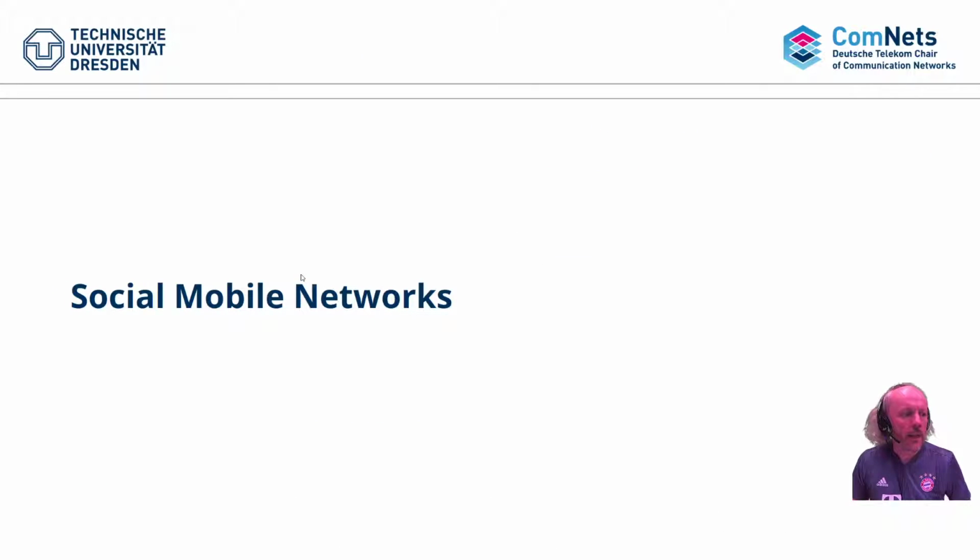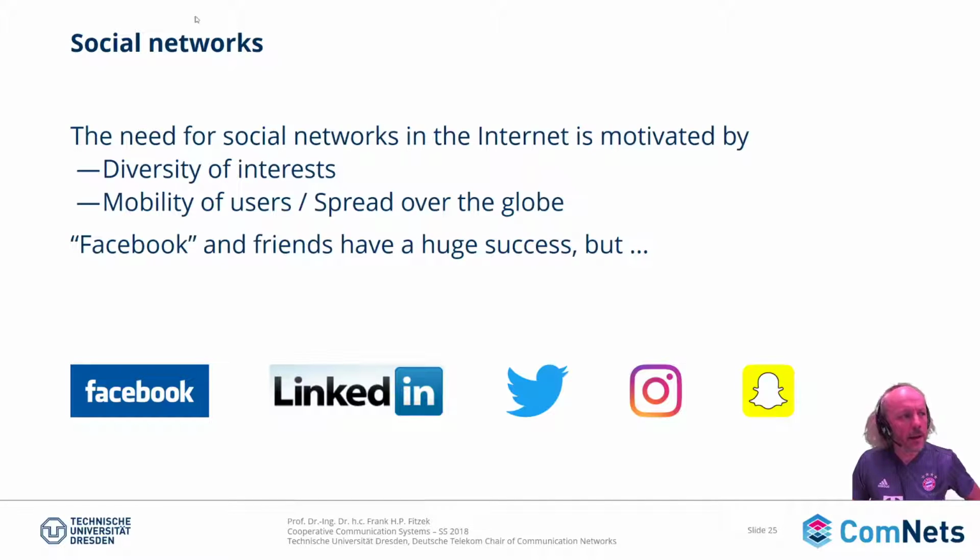Good. And this brings me to social mobile networks. Why are they also important? So social networks back at the time, and you can now do more, TikTok or whatever you're using. So the standard things were Facebook, LinkedIn, Twitter, Instagram, and others.